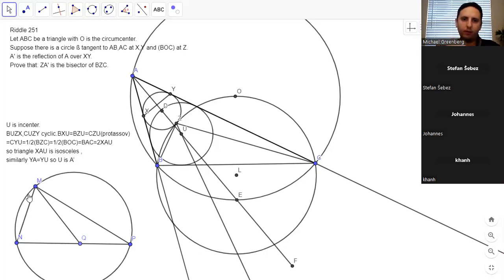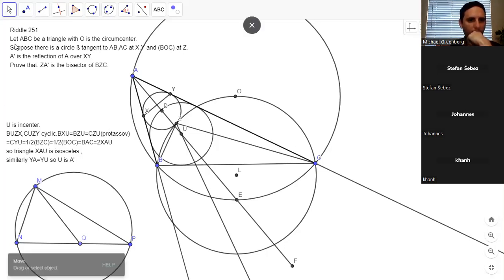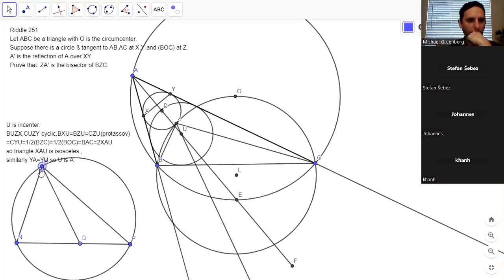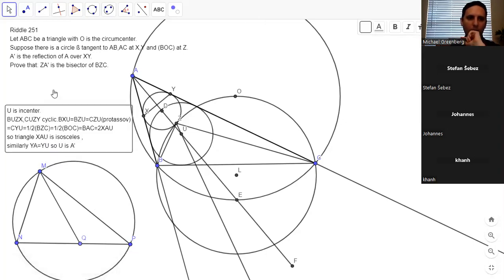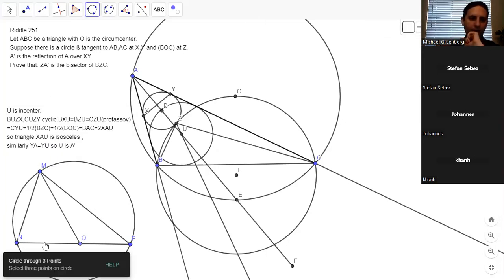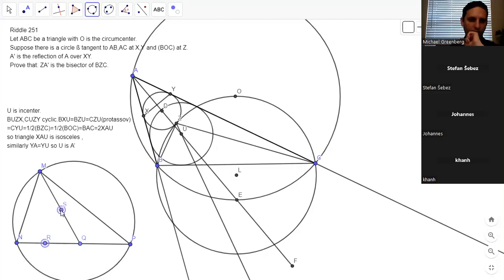Then the theorem says that it will have a common tangent. We can just draw the circle so that it's easy to observe, or try to make a guess. Yeah, let's see.